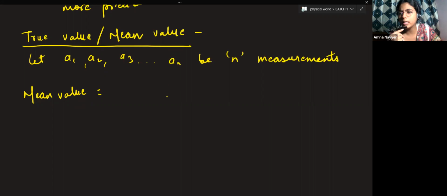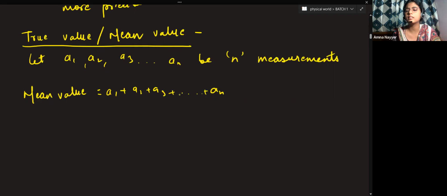If you have two quantities, you add these two and divide by 2. Similarly, if you have n quantities, you keep adding all the measurements, A1 plus A2 plus A3, and then divide by n. That is the mean value.